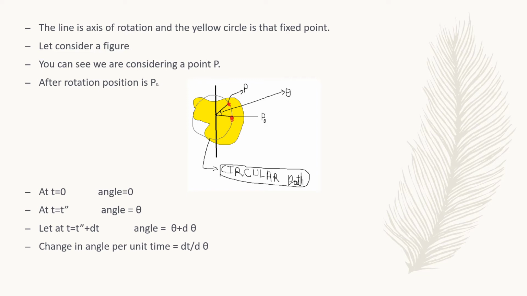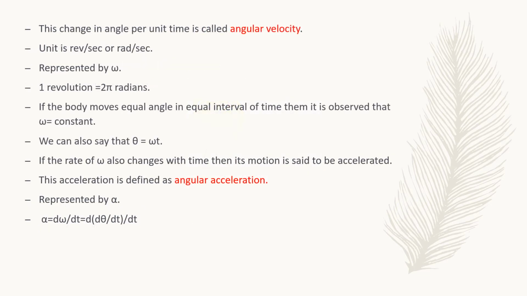This means that it moves slightly in a small interval of time, so the change in angle per unit time can be written as d theta upon dt. This is called angular velocity, represented by omega. The rate of change of angular velocity is called angular acceleration, represented by alpha, which is a Greek letter, and alpha can be written as d omega upon dt, or the double differentiation of theta with respect to time.